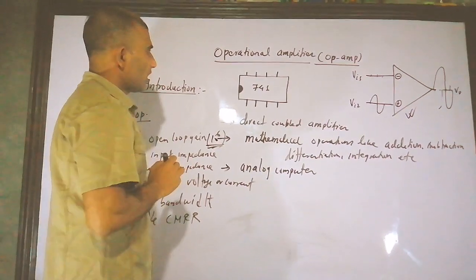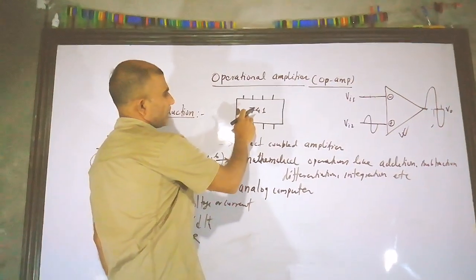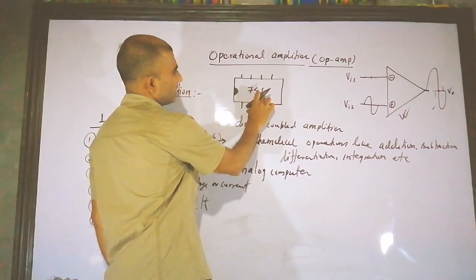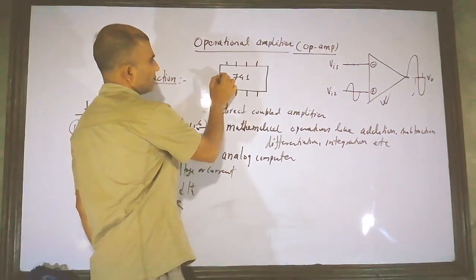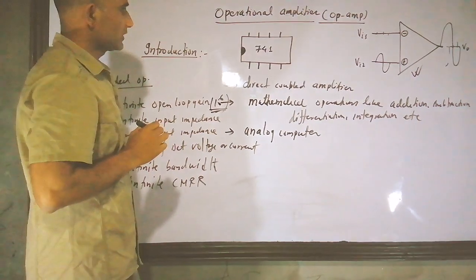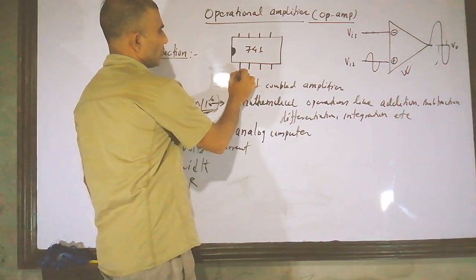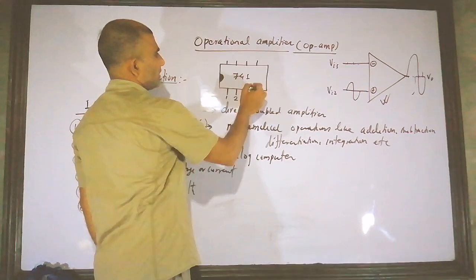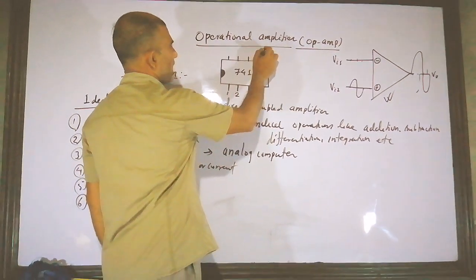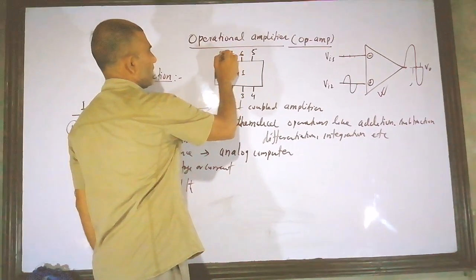Okay, and how do we know the pin numbers? You keep the IC so that it reads 741 properly. On this side you have a little cut or notch, and from there we start counting 1, 2, 3, 4. Then take a U-turn, and there are 5, 6, 7, 8.